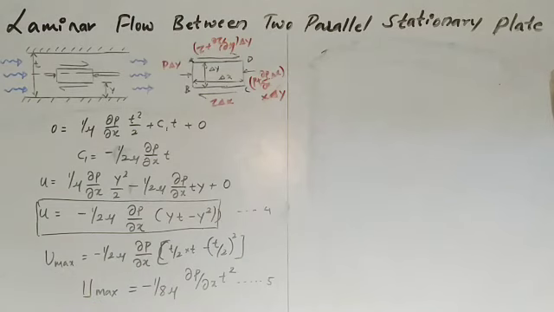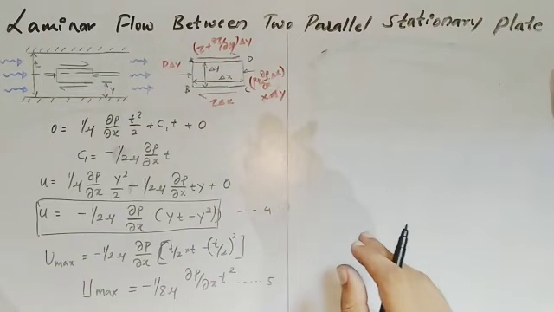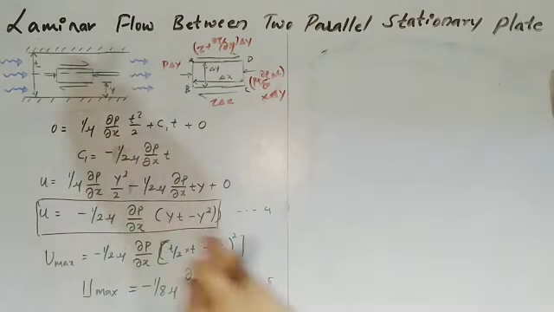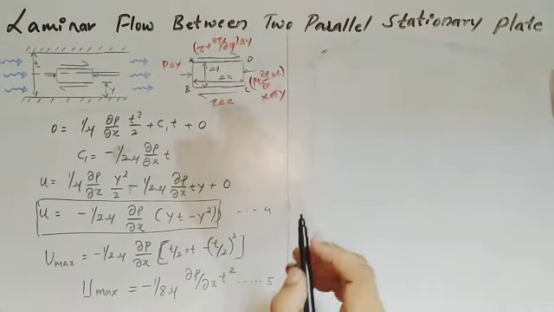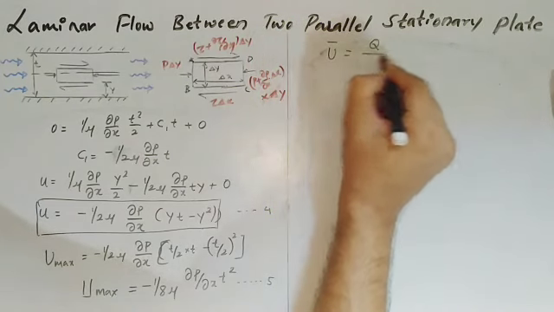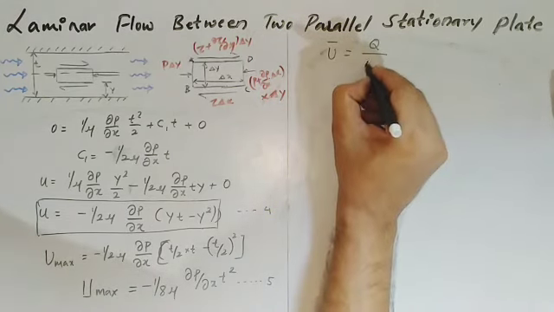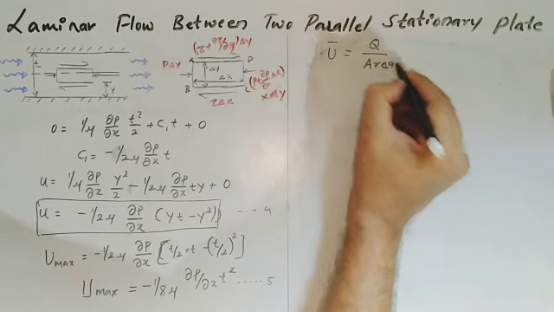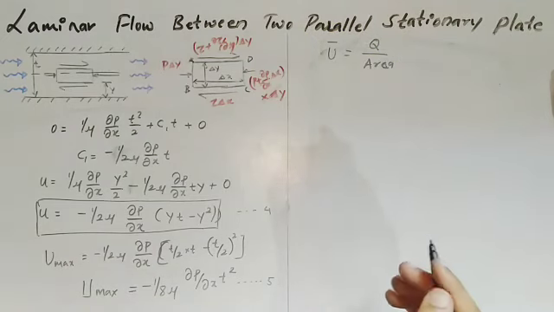Now what is the average velocity? Because we need to identify the ratio of maximum velocity to the average velocity. This average velocity is obtained by dividing the discharge through a pipe by the cross sectional area. So u bar is nothing but Q, that is discharge, divided by the cross sectional area of pipe.